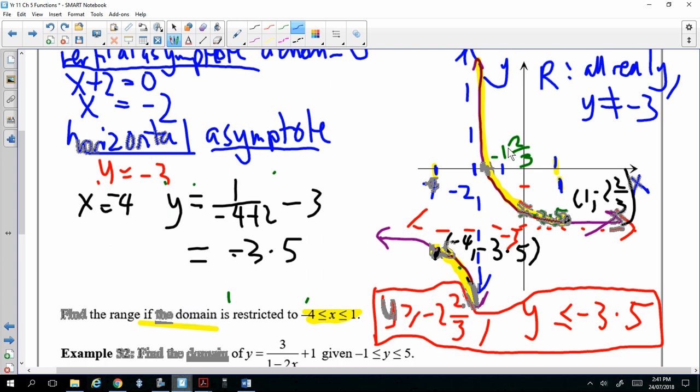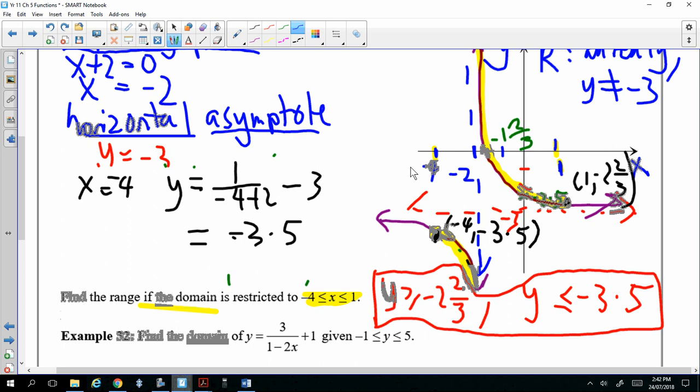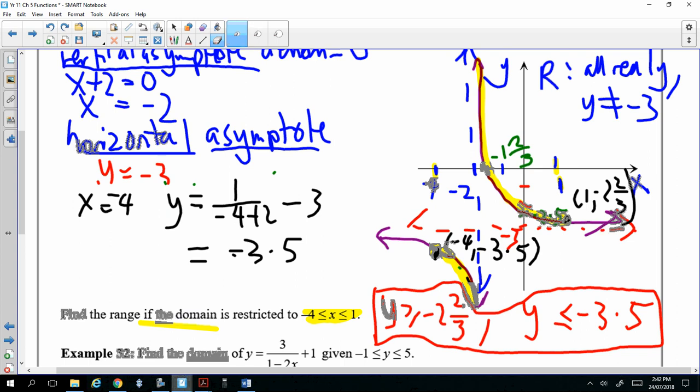How do you get negative 2 and 2/3? Because I substituted 1 in the equation.